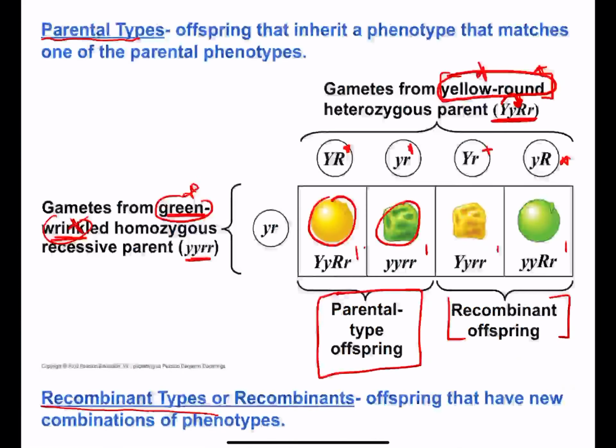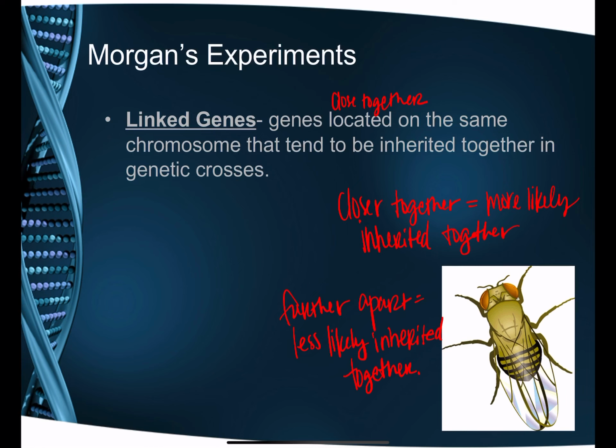So I told you up here at the beginning that if you have genes that are close together, they're more likely to be inherited together, okay? So let's look at this chromosome. Let's say we have a gene for eye color. Now I'm making this a lot more simple than it is, but let's just hear me out.